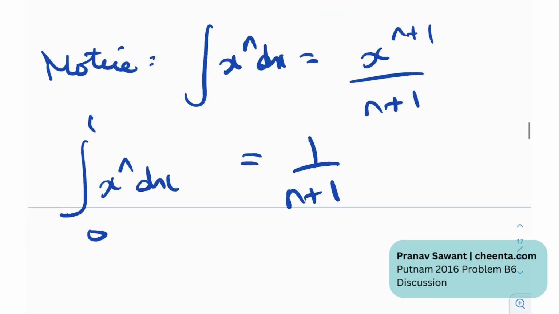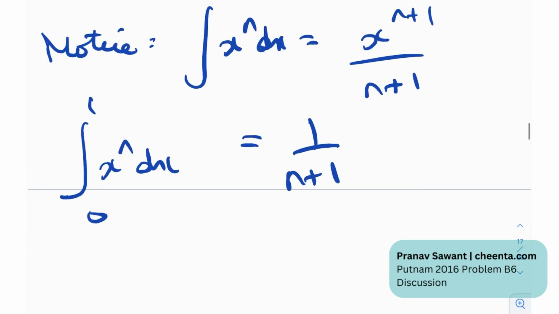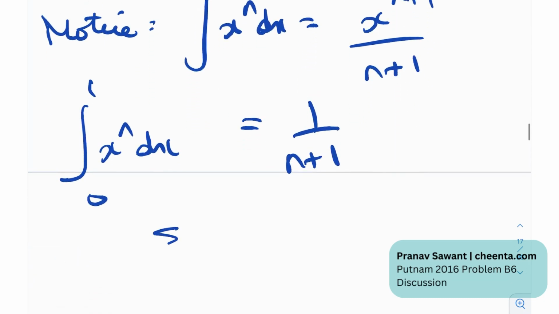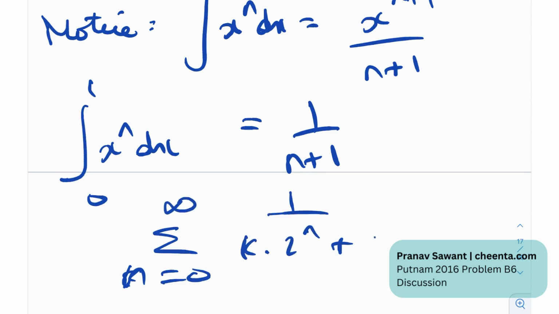And that's pretty cool, because in the question they had this sigma from n equals 0 to infinity of 1 by (k times 2^n plus 1). So maybe if I replace this n with k times 2^n, I can reduce this down to an integral.